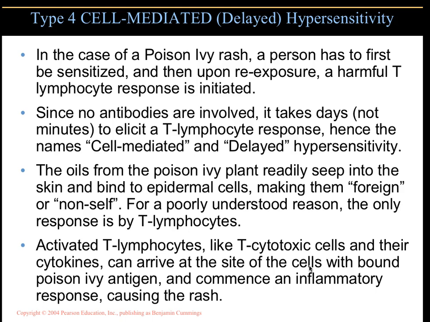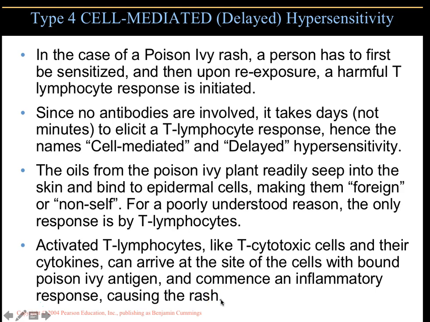That makes them foreign or different, and now the T cytotoxic cells and the cytokines start to attack them and do inflammation, and the person has a poison ivy rash. So we have activated lymphocytes like T cytotoxic cells, cytokines arrive at the site where the cells are bound to poison ivy antigen and commence an inflammatory response causing the rash.